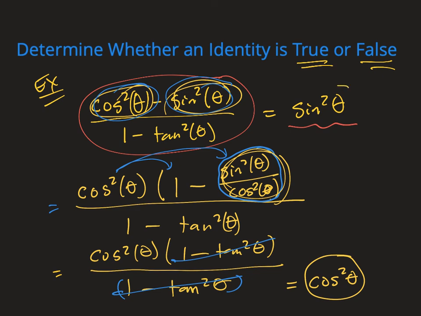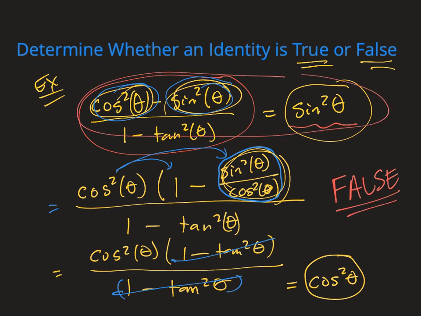It's certainly not sine squared theta, and there's no way for me to turn cosine squared theta into sine squared theta. So I have to say that this is a big old false. The original identity that we were presented with is false, because I know that cosine squared theta doesn't equal sine squared theta. They're two different things. There is no identity that can connect those together.